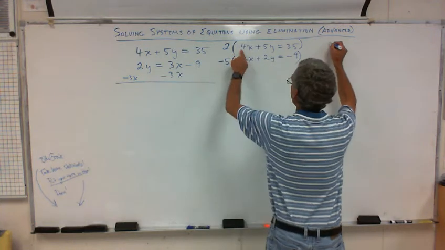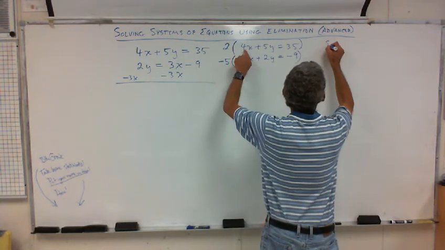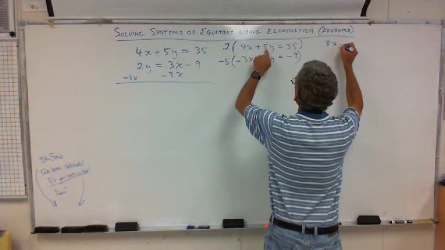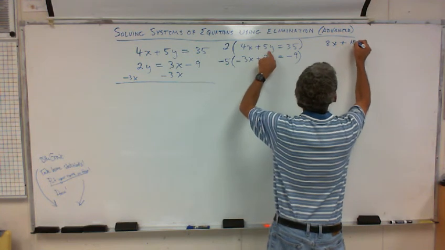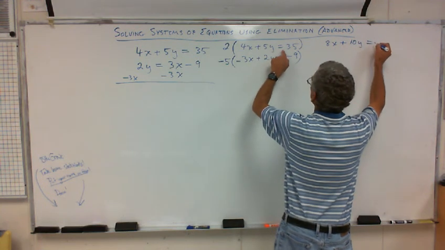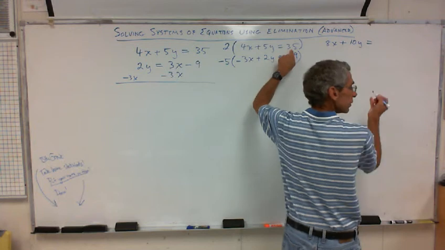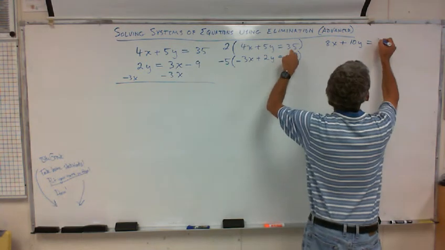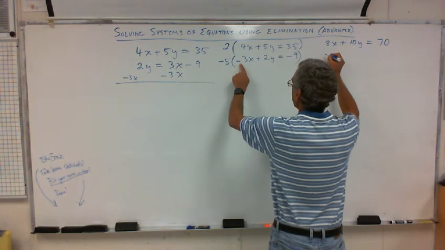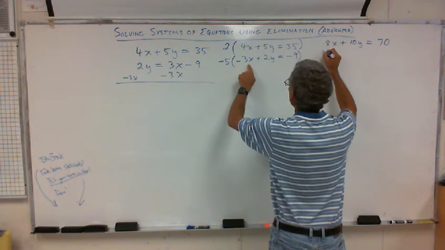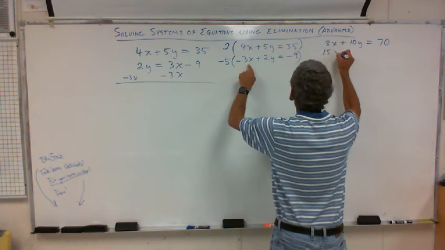All right, so I just rewrite it here. 2 times 4x is 8x. 2 times 5y is 10y. Equals 2 times 35 is 70, right? And then negative 5 times negative 3x is positive 15x.